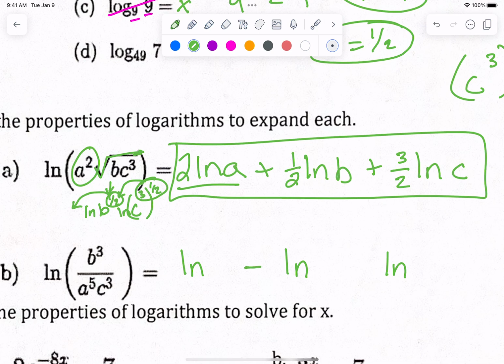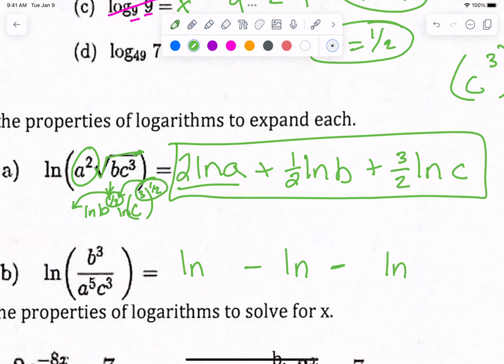You can either do minus this stuff, or you can do minus minus. I put 2 minus, because if I do minus this stuff, I could just distribute my minus through. That makes sense? So we can do minus minus, so that they know they're both on the denominator.